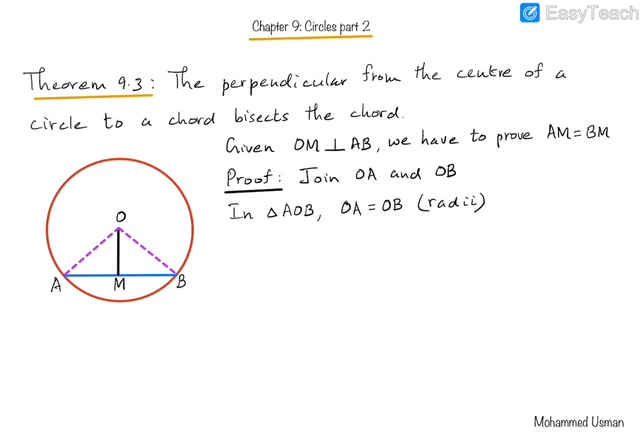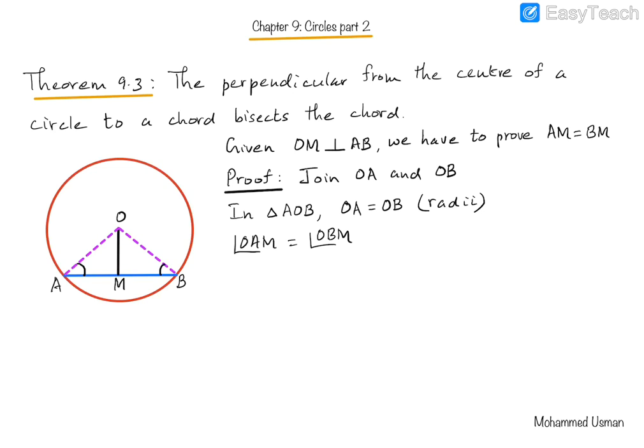Now that we have OA equals OB, it means that the triangle AOB is an isosceles triangle. And we know from our discussion on triangles before that, in an isosceles triangle, the angles opposite to the equal sides are also equal. So that means angle OAM must be equal to angle OBM. So this angle OAM is equal to the angle OBM.